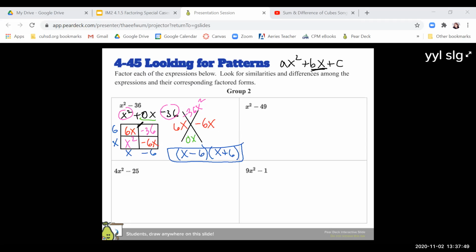This is not a perfect square trinomial situation, so the two factors will not be exactly the same as each other. Make sure you're being very careful with your details when you write down your factored answers. I see a lot of great work though. Excellent work, people. So many are looking so good right now.